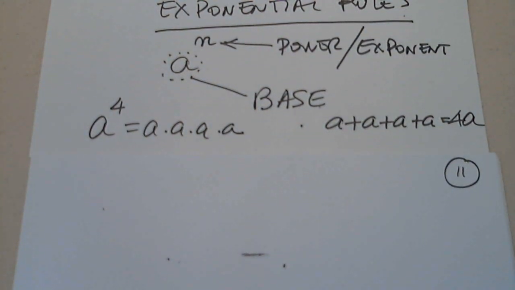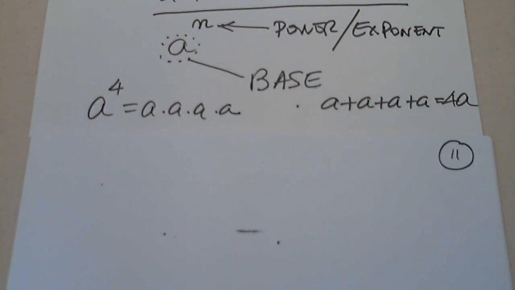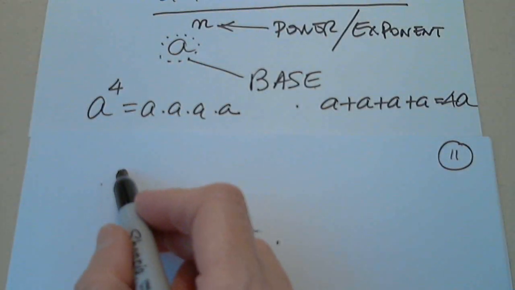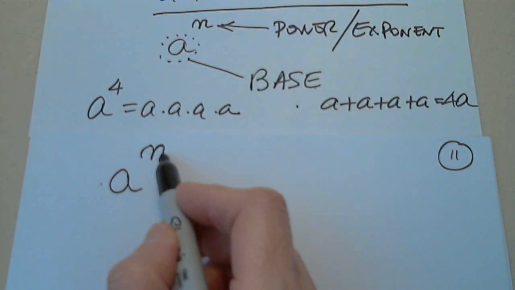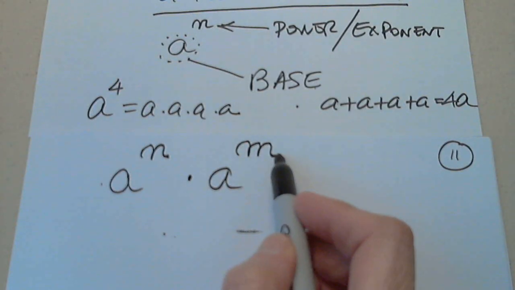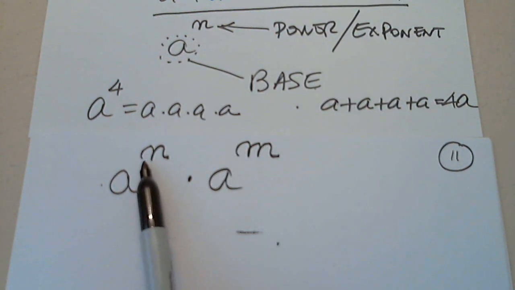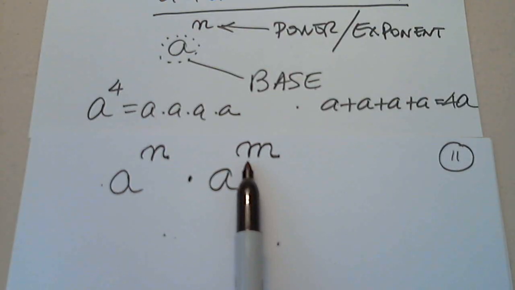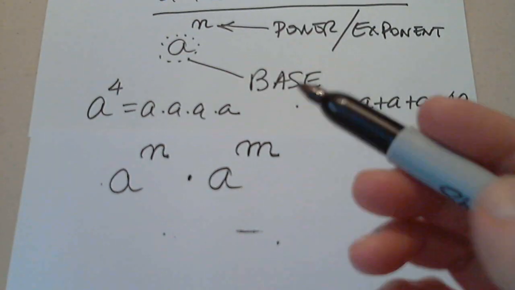Okay, here is the first rule. A raised to the nth power times A raised to the mth power. My n has 2 bubbles, my m has 3 bubbles. I hope I'm not confusing you.